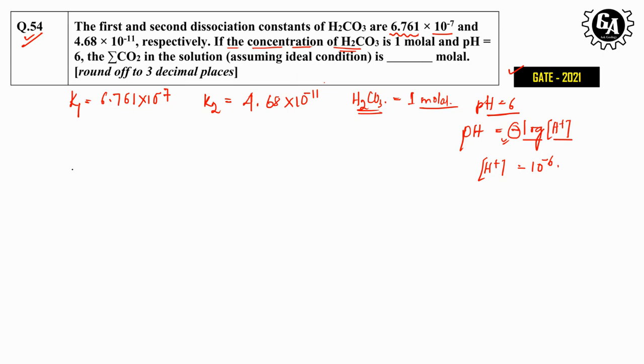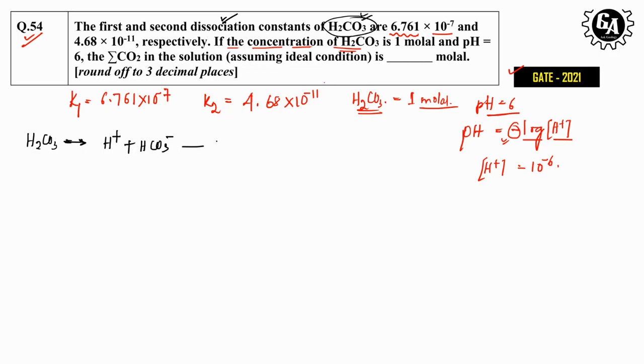So what is the species? This is H2CO3. Let's dissociate it, and always remember that dissociation means the species should be ionic, because ionic species will dissociate and give some ions. So H2CO3 will dissociate to give H plus and HCO3 minus.